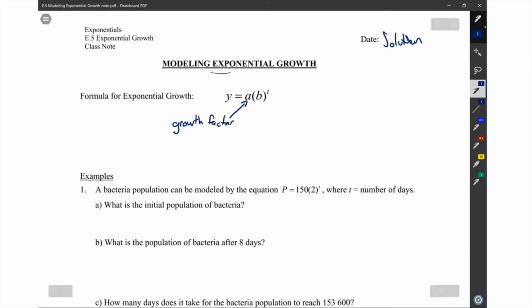And since we're working with exponential growth, the growth factor will always be greater than 1. This B here is the initial population of the subject that we're studying here, and t would be the time elapsed.